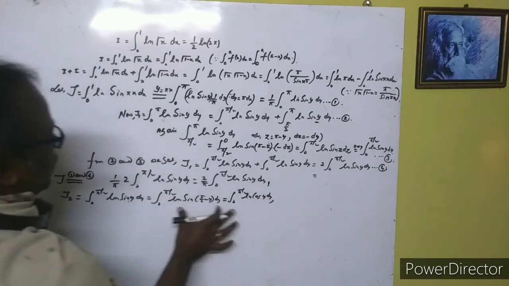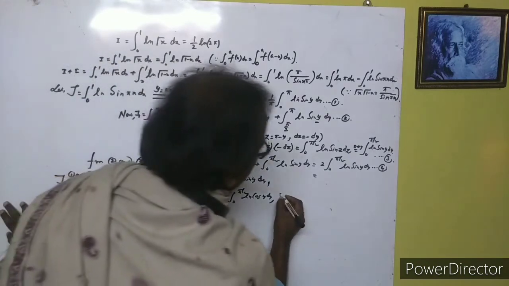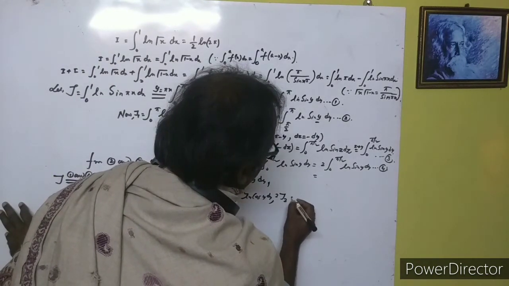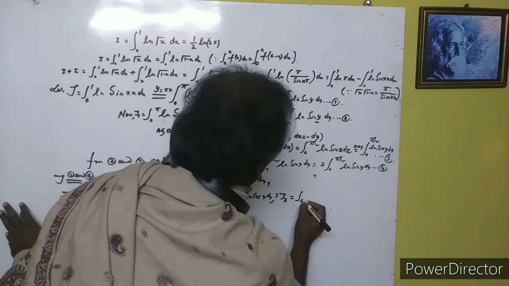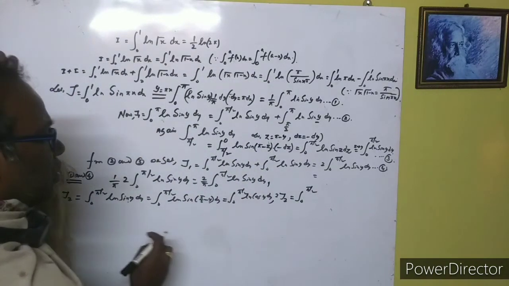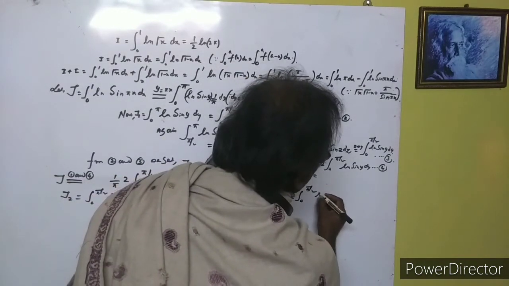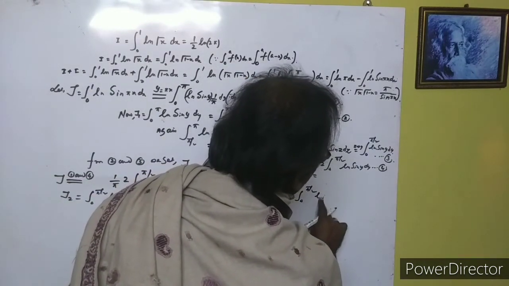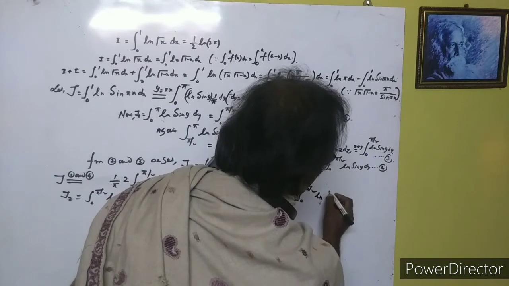If we add these, then this is 2j2, and that is equal to integral 0 to pi by 2 of these two logs, so it can be written as ln of their product.